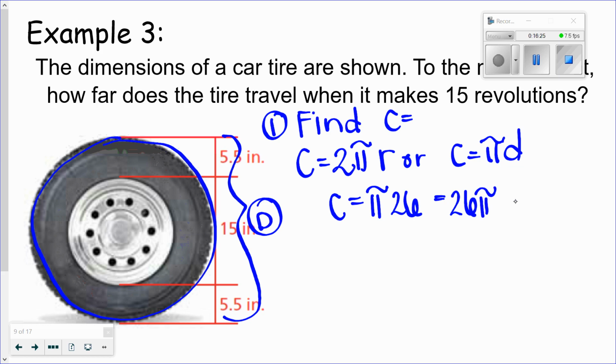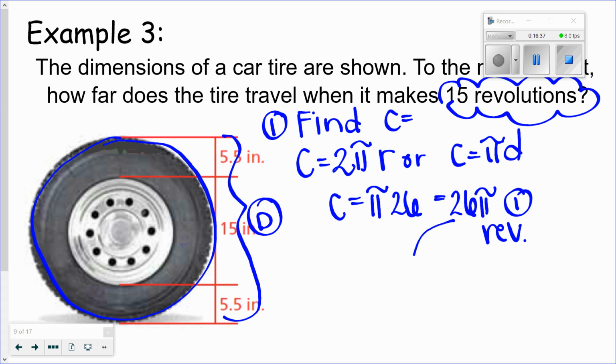Okay, so this is just for one revolution. Okay, we want to figure out what's the total distance in 15 revolutions. So what we're going to do is we're going to take this 26 pi and multiply by 15. So you can go ahead and plug that in on your calculator. You get 102 feet.